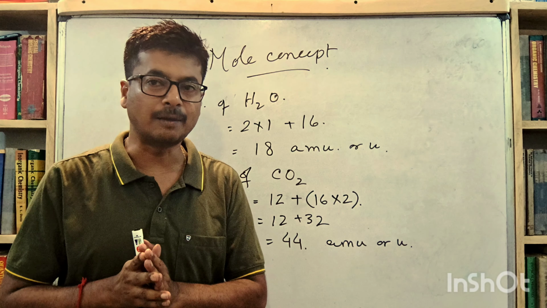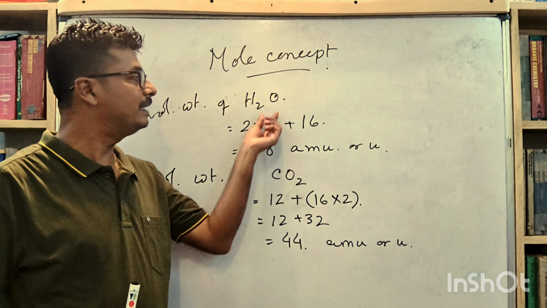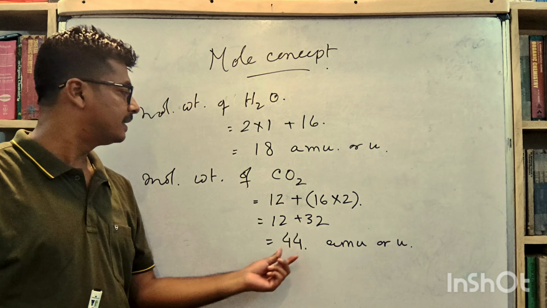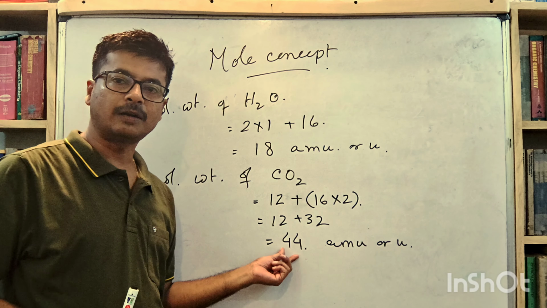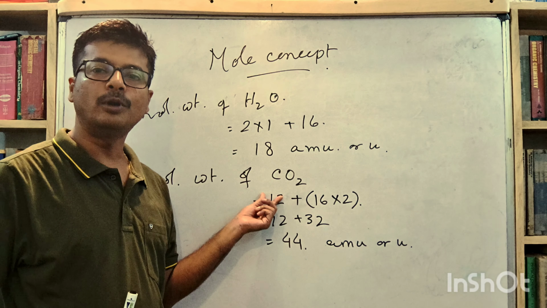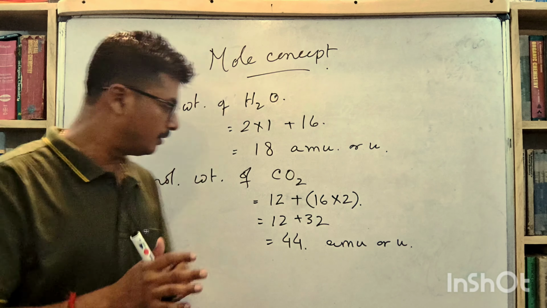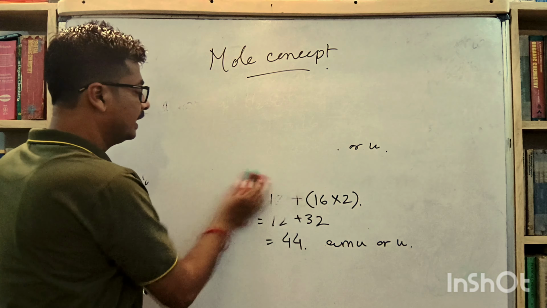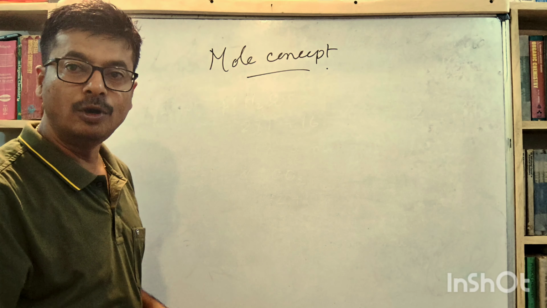Now what is a gram mole? If 18 is the molecular weight of water, then 18 grams of water means 1 gram mole of water. If 44 is the molecular weight of carbon dioxide, 44 grams of carbon dioxide means 1 gram mole of carbon dioxide. And Avogadro has shown that if we take 1 gram mole of any substance, then it will contain 1 mole of molecules.